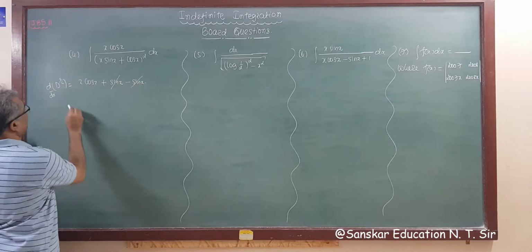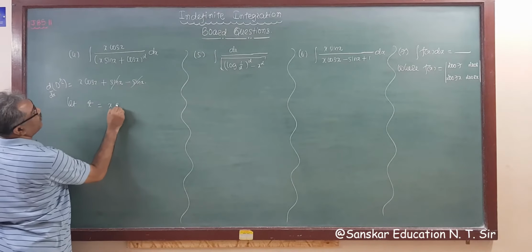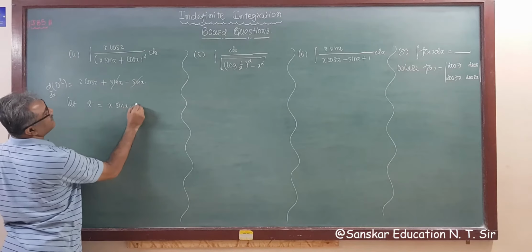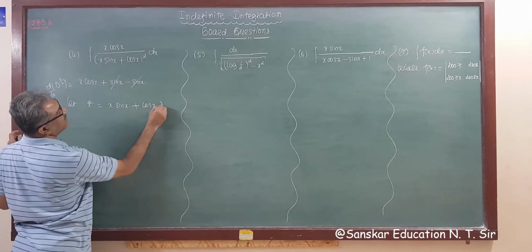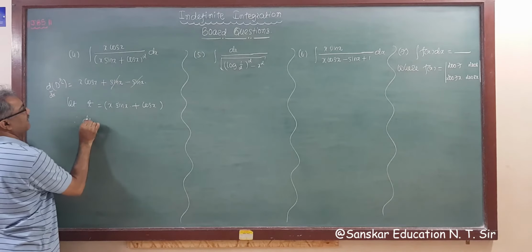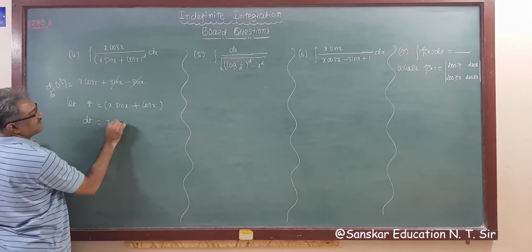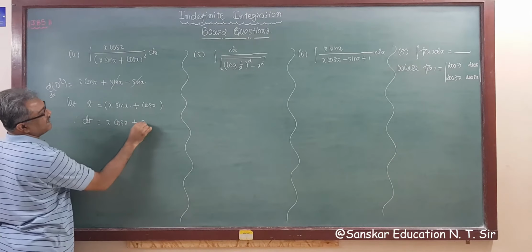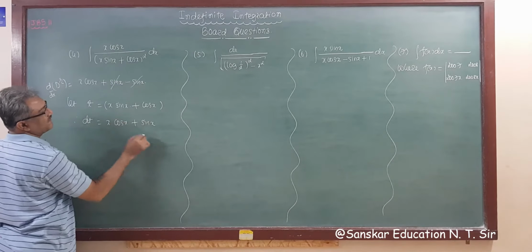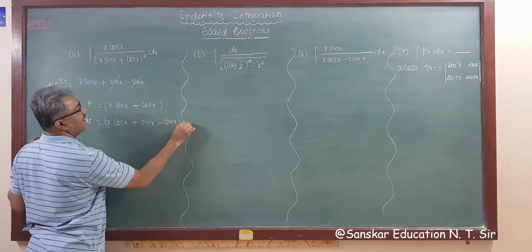So we assume that let t is equal to x sin x plus cos x, right? So dt is equal to x as it is, derivative of sin x is cos x, plus sin x as it is, derivative of x is 1, minus sin x, dx.